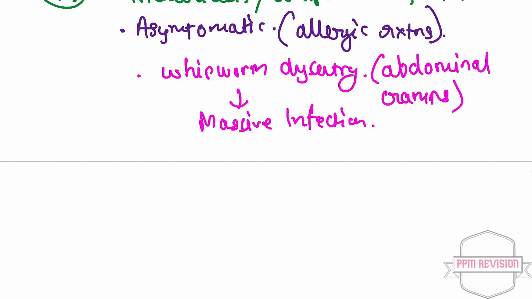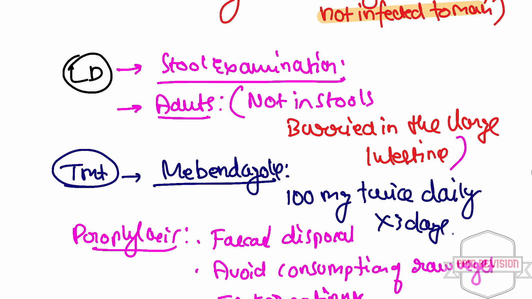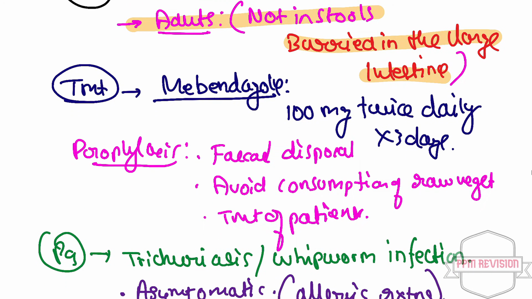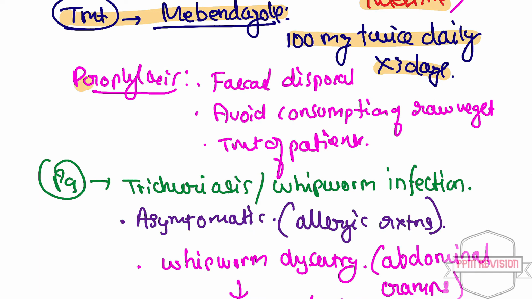So just quickly summarizing, we saw the lab diagnosis. It is by stool examination, and adult worms are not present in stool. It is buried mainly in the large intestine, and the treatment is mebendazole. It's given 100 milligram twice daily for 3 days. And prophylaxis is by safe disposal of feces, avoiding consumption of raw vegetables, and effective treatment of patients.